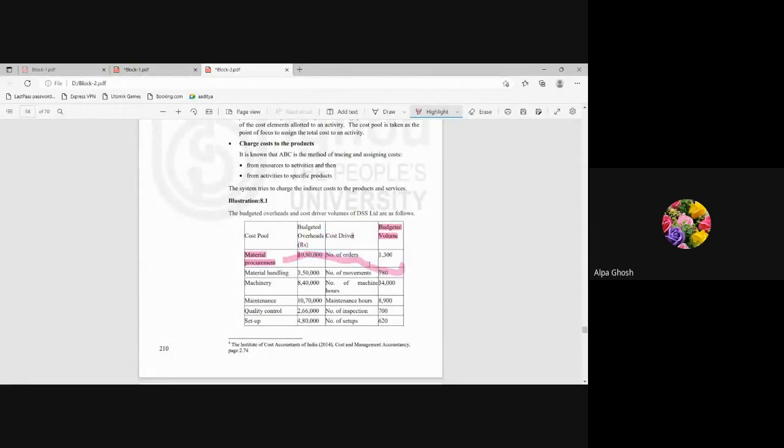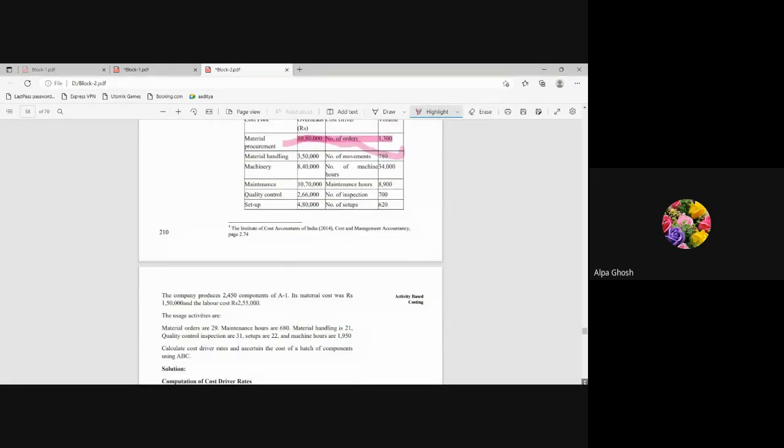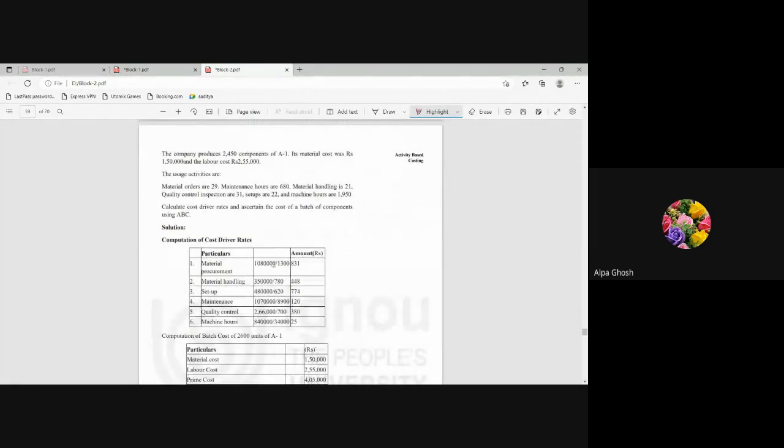Number of orders is 1,300 and material procurement is 10,80,000. So 10,80,000 divided by 1,300 gives 831 per unit. Material handling is 3,50,000 divided by 780, which is 448. Setup cost is 4,80,000 and there are 620 setups. If you divide, you get the cost for each individual type.